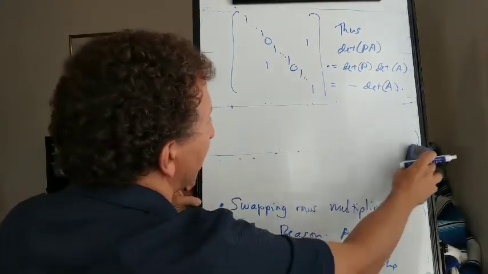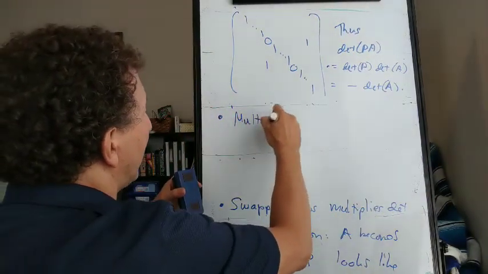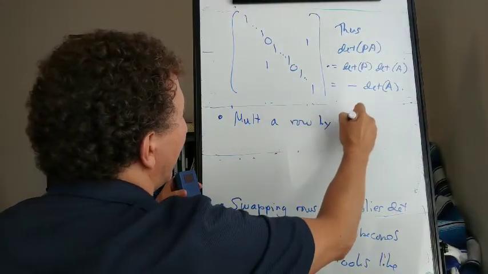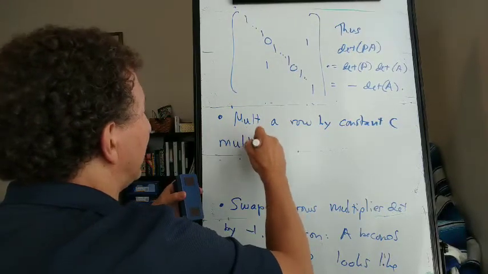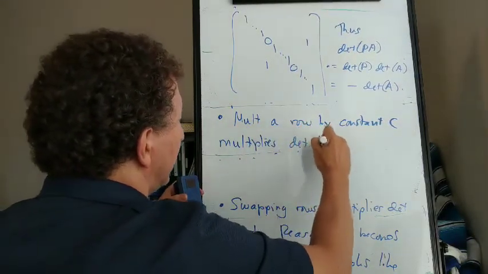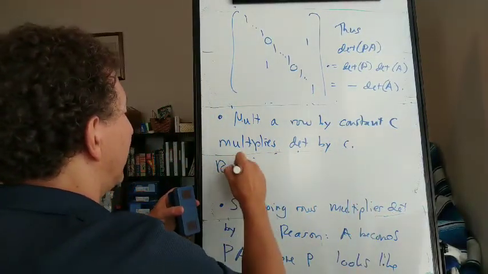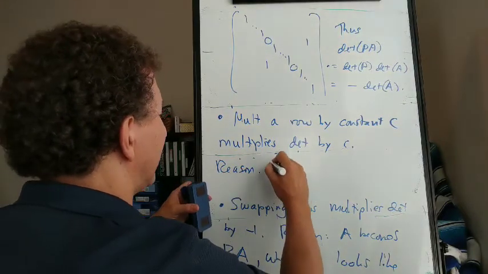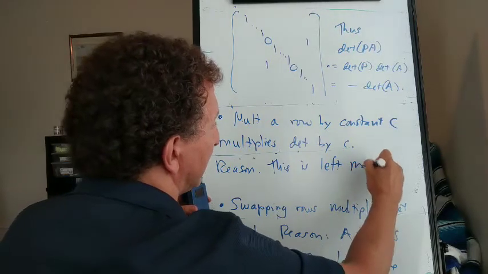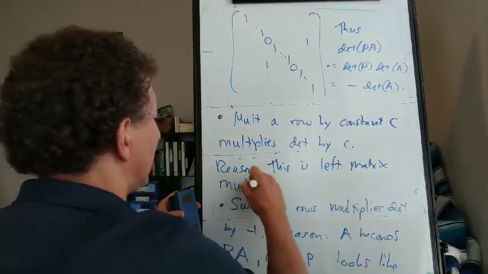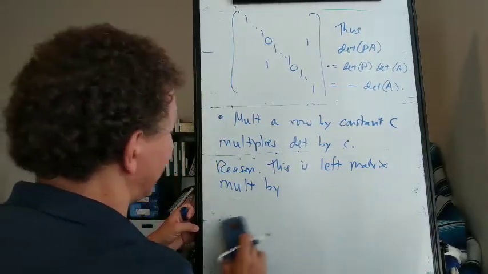How about if we multiply a row by a constant? Now that multiplies the determinant by the most obvious thing, by this constant C. And the reason is that this is left matrix multiplication by the matrix that looks like the identity except it has a C in one place.